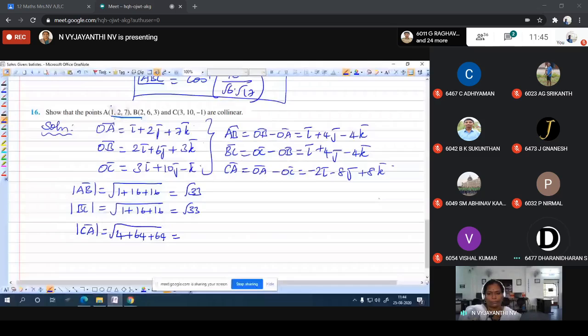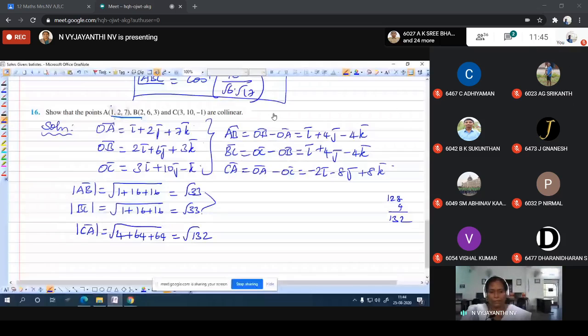So modulus of CA is 2 root 33, isn't it?